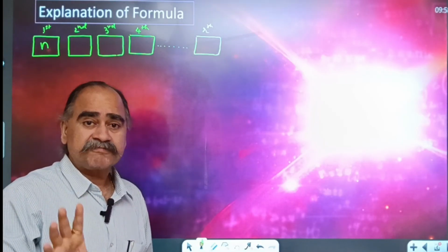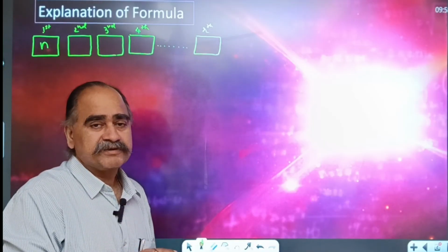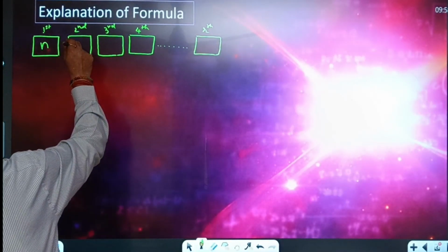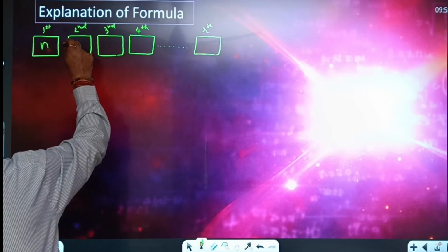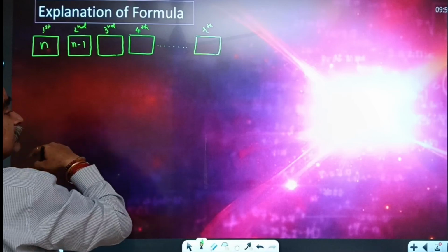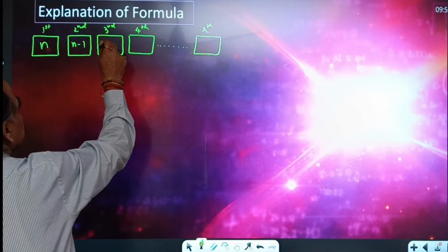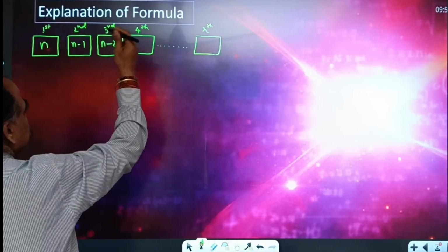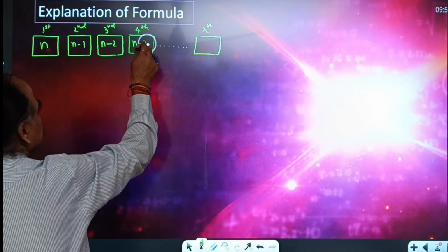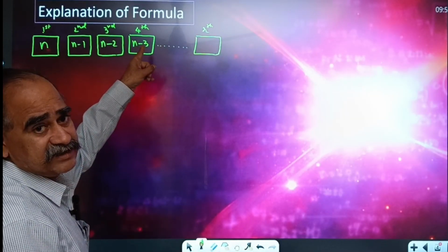After arranging the first person, how many persons are left? n minus 1. So the second person can be arranged in n minus 1 ways. Same with the third person out of the remaining, n minus 2, and the fourth person, n minus 3.